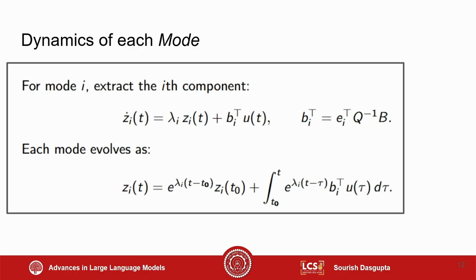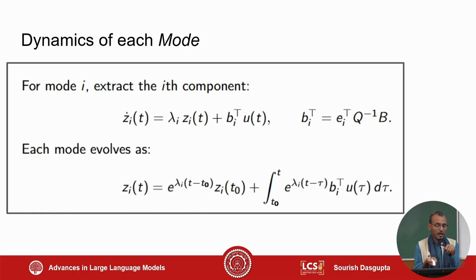So, dynamics of each mode. For mode I, extract the ith component, you can do that, and that would be like extracting each of the column vectors of B, and then that Z form changes into lambda I Z I of T plus B I transpose U of T, where B I transpose U of T would be E I transpose Q inverse B, right?